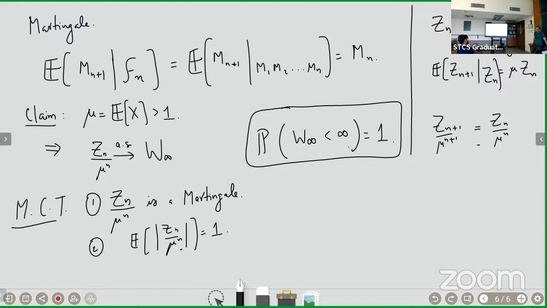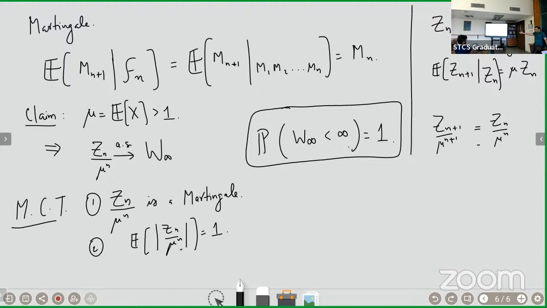Very slippery. Because by that argument, you could say all random variables added together are something like square root of t using the central limit theorem. You have to normalize the random variables. But using this, what you're saying is that Zn is behaving like mu to the n. The order is the same. That's all it's saying.